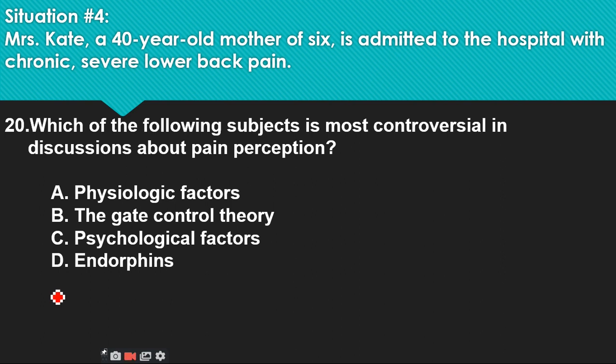Which of the following subjects is most controversial in discussions about pain perception? Again, which of the following subjects is most controversial in discussions about pain perception? A. Physiologic factors. B. The gate control theory. C. Psychological factors. Or letter D. Endorphins. Of course, when you talk about most controversial, we take into consideration here experimental studies of our patient.